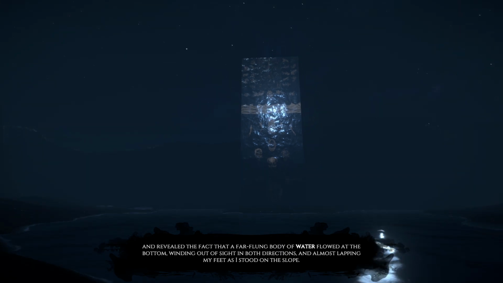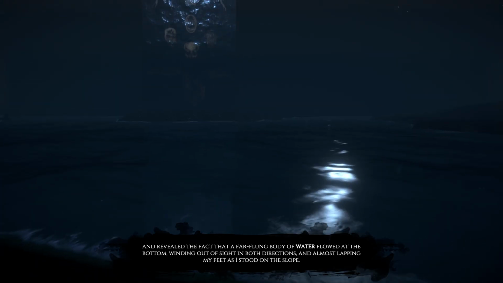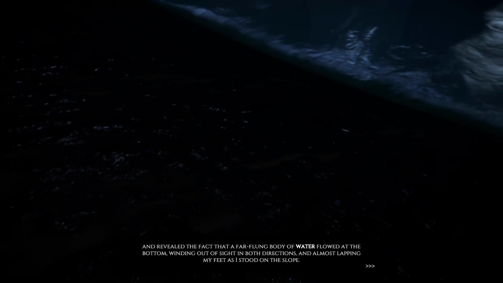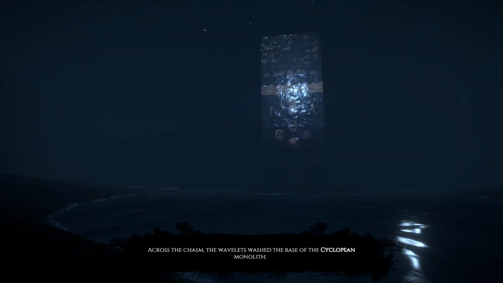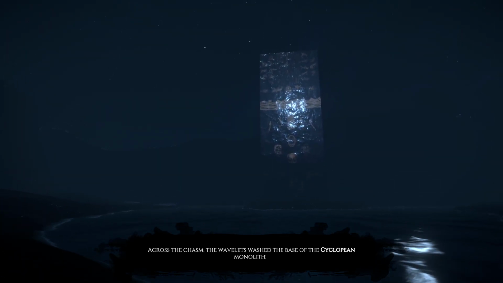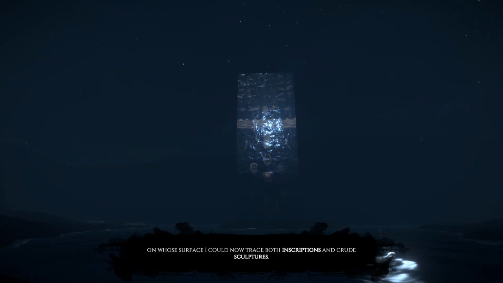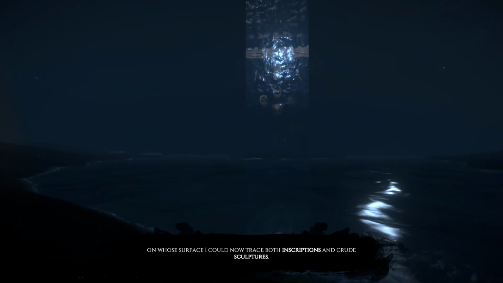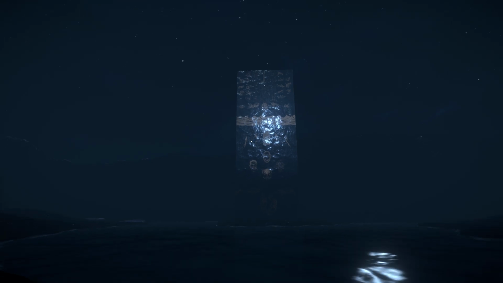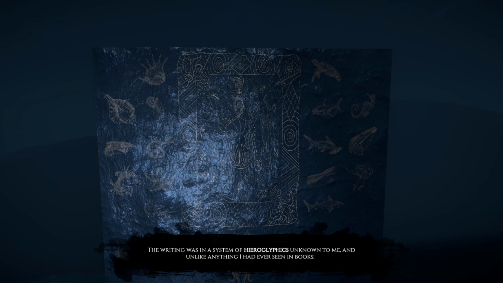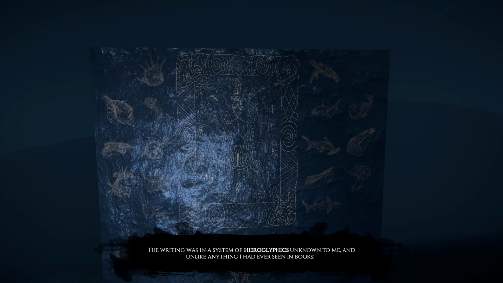And revealed the fact that a far-flung body of water flowed at the bottom, winding out of sight in both directions and almost lapping my feet as I stood on the slope. Across the chasm, the wavelets washed the base of the Cyclopean monolith, on whose surface I could now trace both inscriptions and crude sculptures. The writing was in a system of hieroglyphics unknown to me and unlike anything I'd ever seen in books.